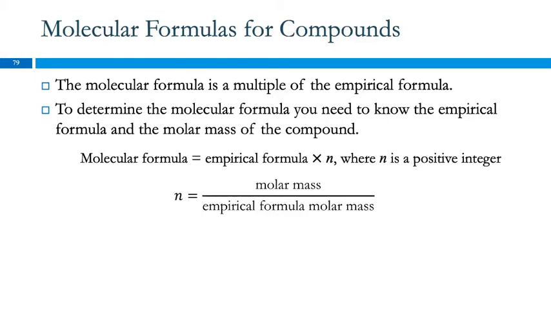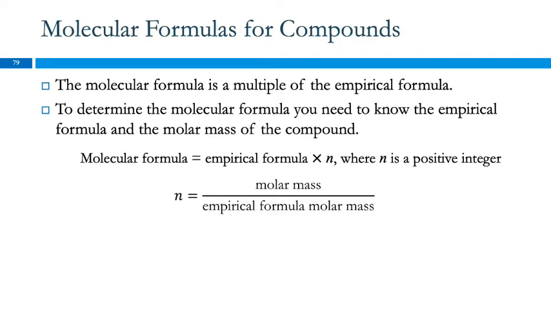How can we figure out what the molecular formula is? Well, we do need one more piece of information. We need the empirical formula and the actual molar mass of the compound. In a problem that's going to be given to you, they're going to say, here's stuff so that you can calculate the empirical formula, and the molar mass of the compound is this.